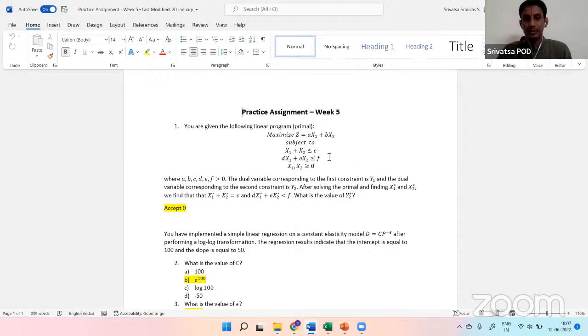Before proceeding further, I would like someone to answer what the concept of a dual variable is. What is the dual variable signifying here? Can anybody comment on this so that we can proceed further? You can maybe type in the chat box as well, or it may be better if you raise your hand and answer.